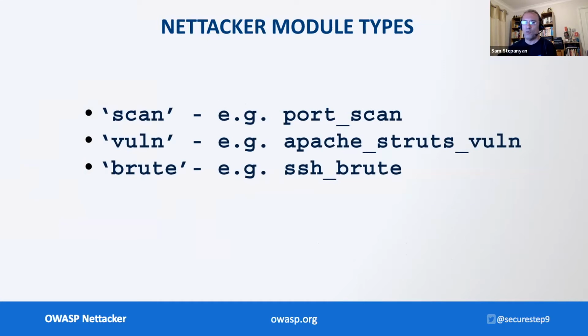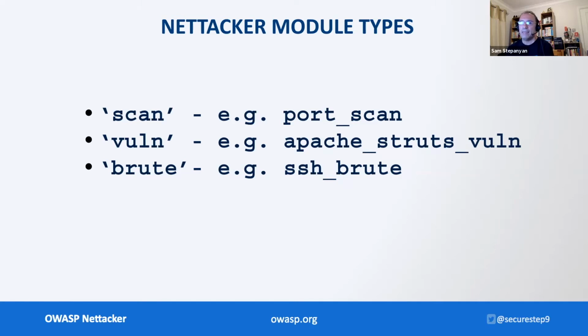It consists of modules, and there are 3 types of modules. There's a module of type scan, for example, port scanner. So these are all the modules which scan for something. It has modules of type vuln, and these are obviously the modules which scan for a particular vulnerability. For example, Apache Struts vuln will be looking for an Apache Struts vulnerability.